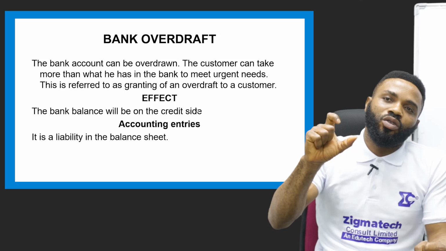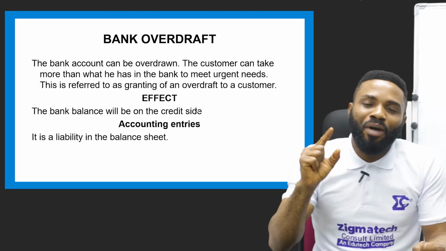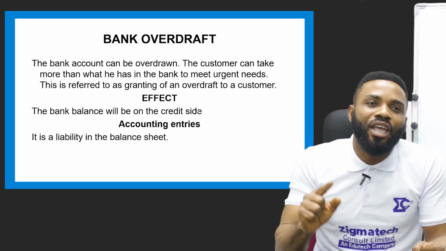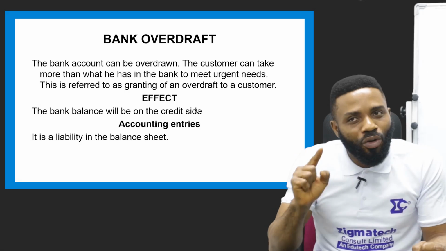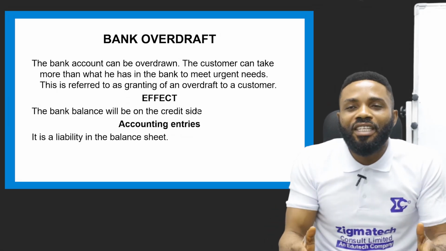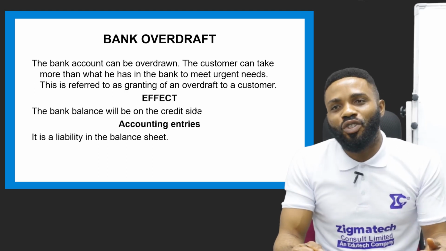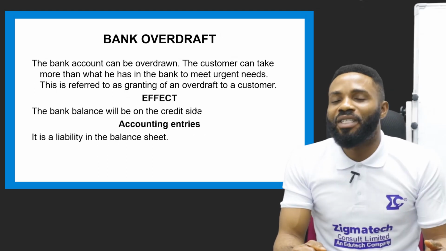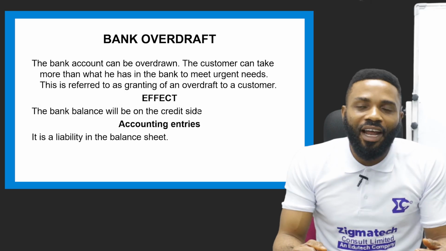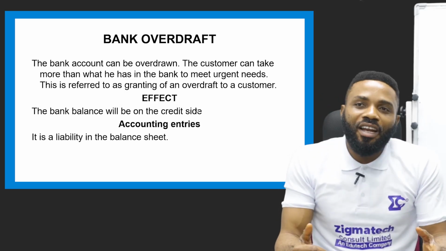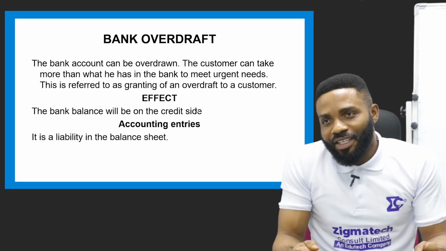And there is a clause to this permission. That permission can only be given to a current account holder. If you are not operating a current account, if it is savings or fixed deposit, you cannot be given such a grant. So that grant is basically for businessmen and women who are operating current accounts.